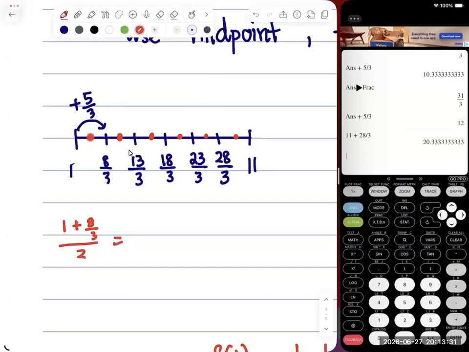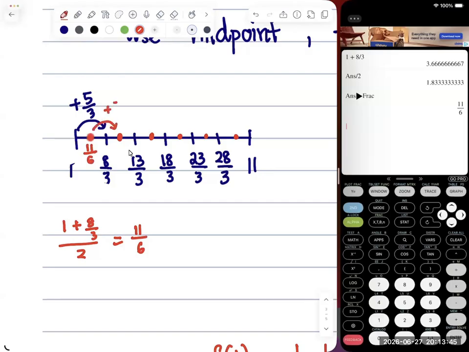So 1 plus 8 over 3, divide by 2, we have 11 over 6. Okay, so our first value is 11 over 6, and each increment will still be the same. We also add 5 over 3 to that.